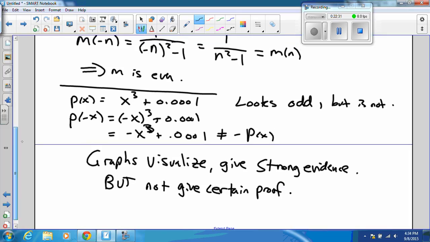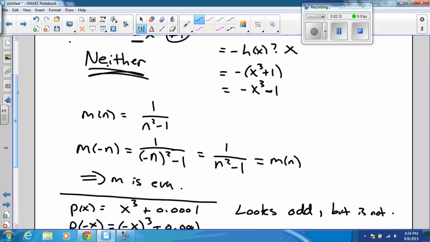So if you used graphs to answer these questions right here, you probably got the right answers, but for the wrong reason. You probably took a look at the graph and took that graph as evidence, as strong evidence, and assumed that strong evidence is the same as proof, and it's not. In order to justify, you have to appeal to an analytic principle of checking the definition.